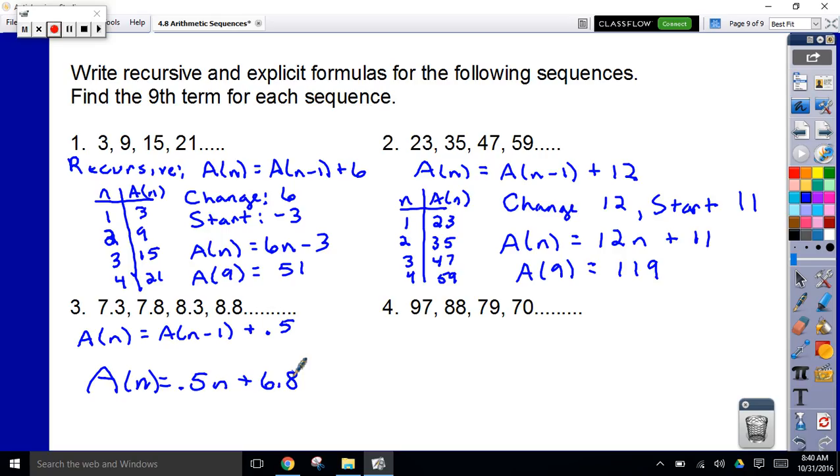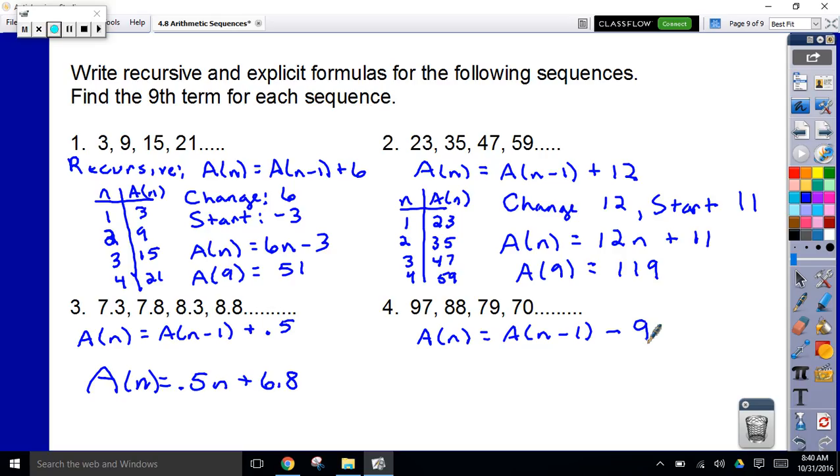Okay, number 4. Zan, what's the recursive formula? Minus 9. Yeah, I didn't hear your last part. Okay, good. Minus 9. So, explicit formula, Zoe. Okay, volunteer for the explicit formula on that.